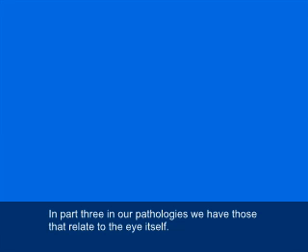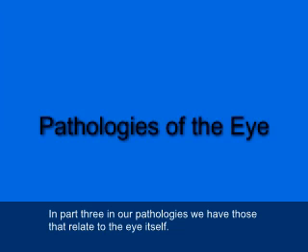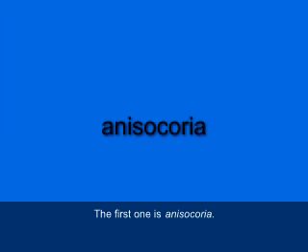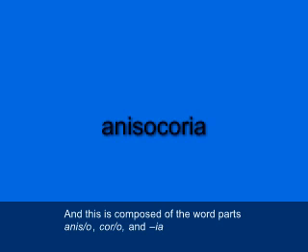In part 3 of our pathologies, we have those that relate to the eye itself. The first one is anisocoria. This is composed of the word parts aniso, coro, and ia.